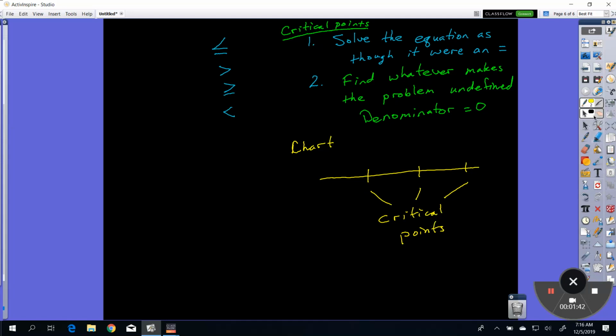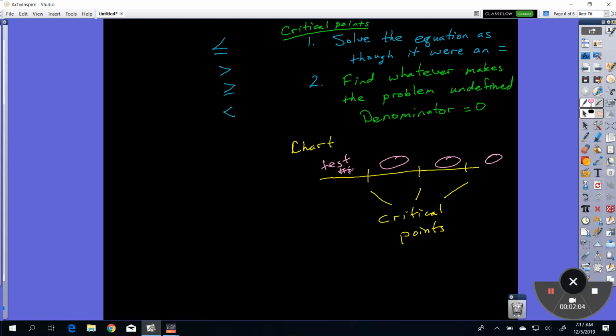And then from those critical points, we take test numbers. So any number in these regions are our test numbers. So we're going to take our test numbers and plug them back into the original equation and find out if it worked.